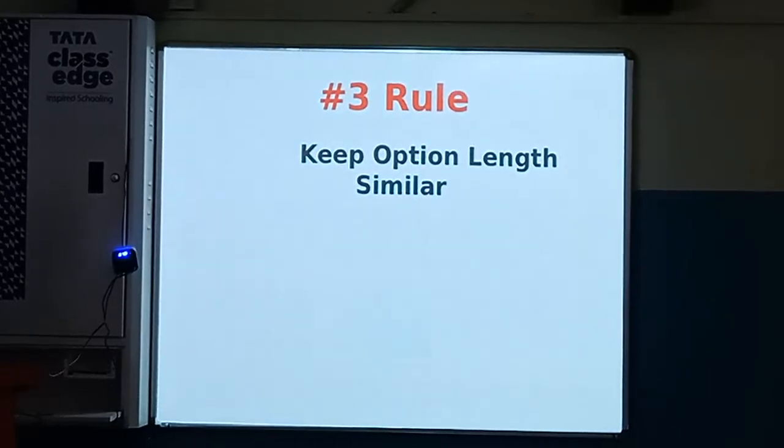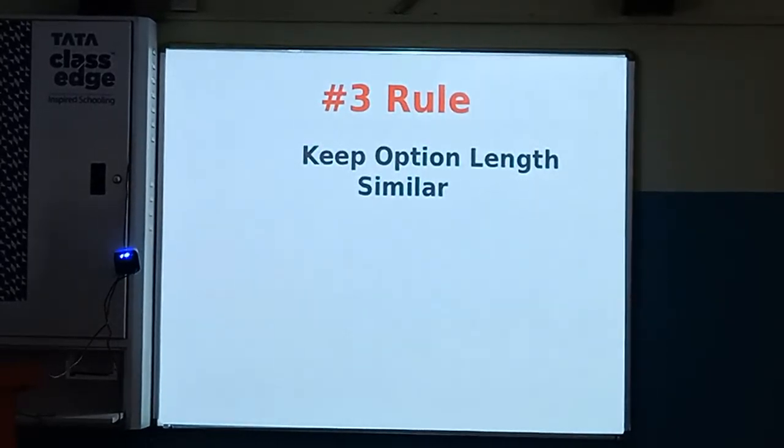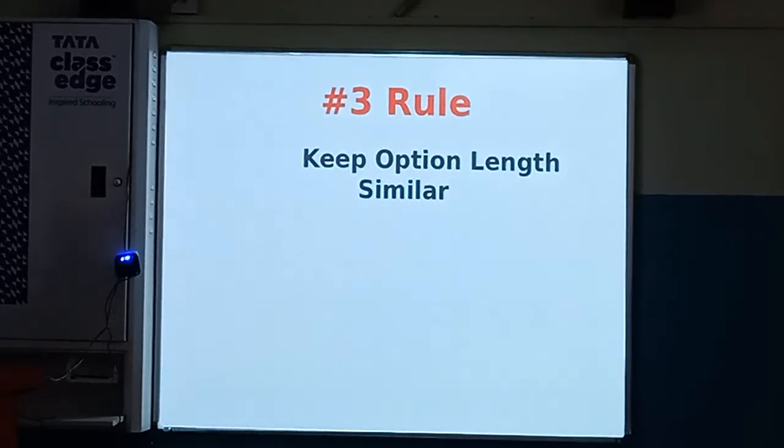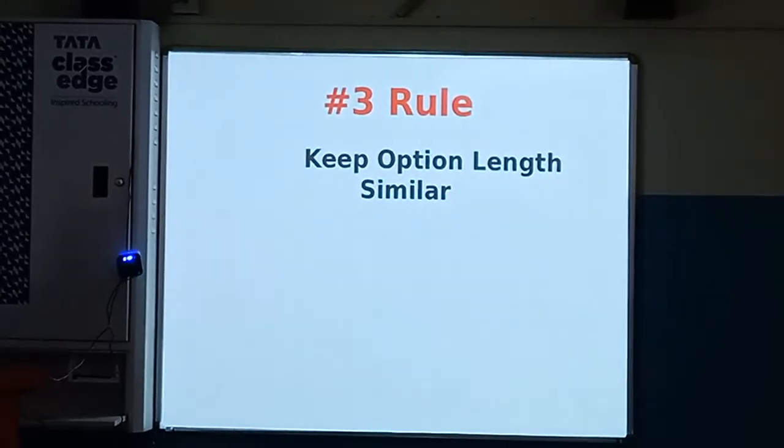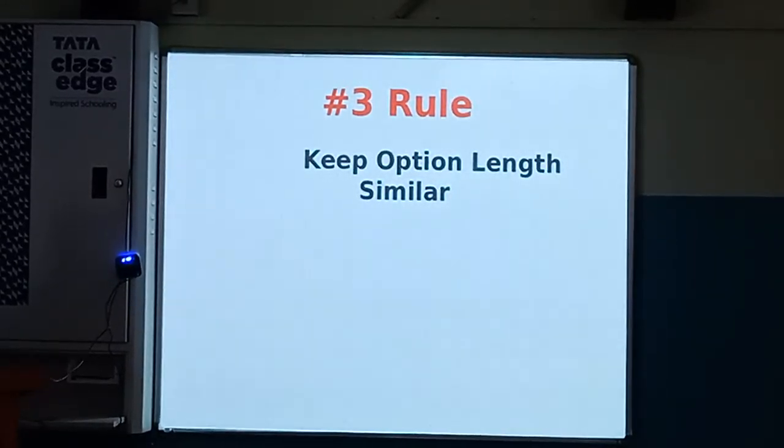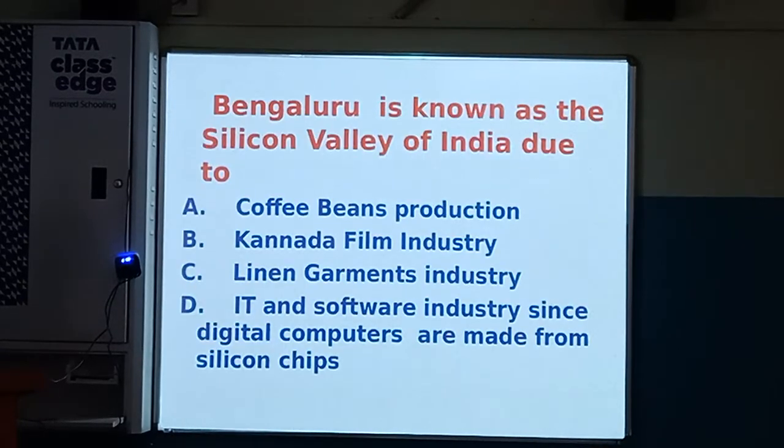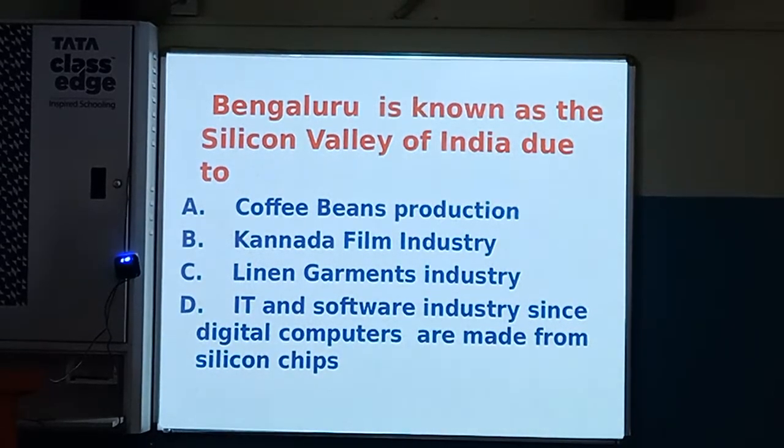Rule: keep option lengths similar. When we are creating multiple choice questions, the length of each option must be similar. What will happen if the lengths are not similar? We will see. This is the question.